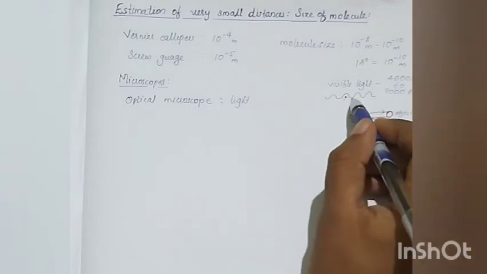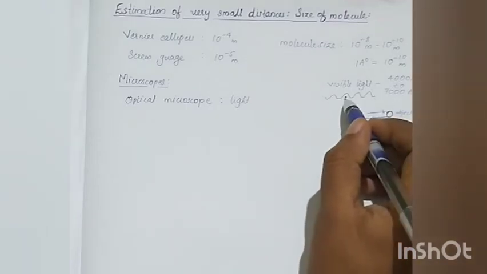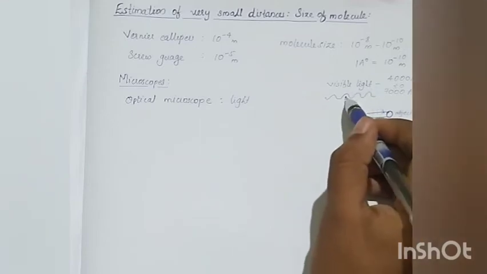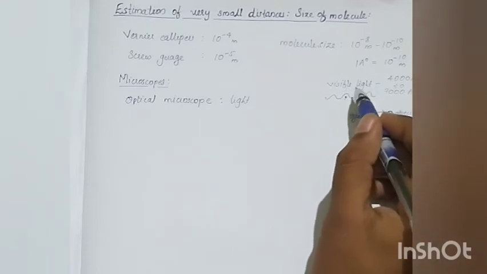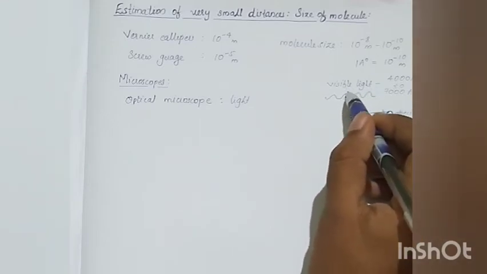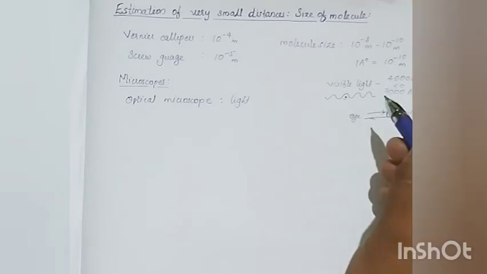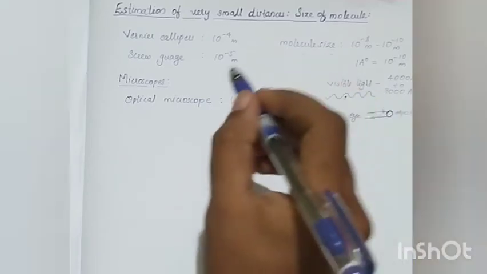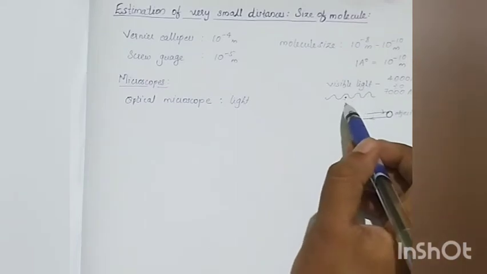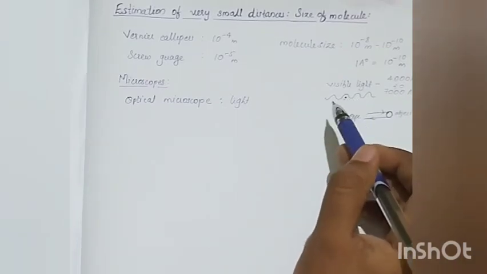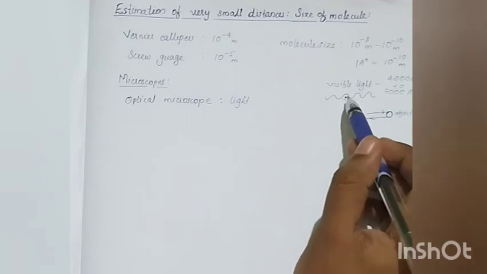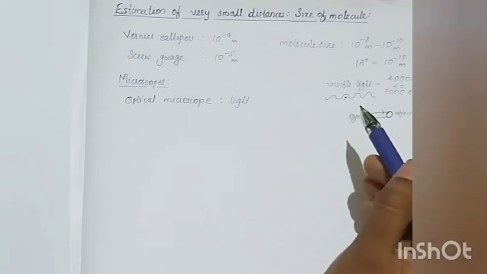The light wave may pass without hitting the object, and thus using visible light we cannot resolve such small molecules. So it is clear that using an optical microscope, smaller objects like a molecule cannot be resolved.